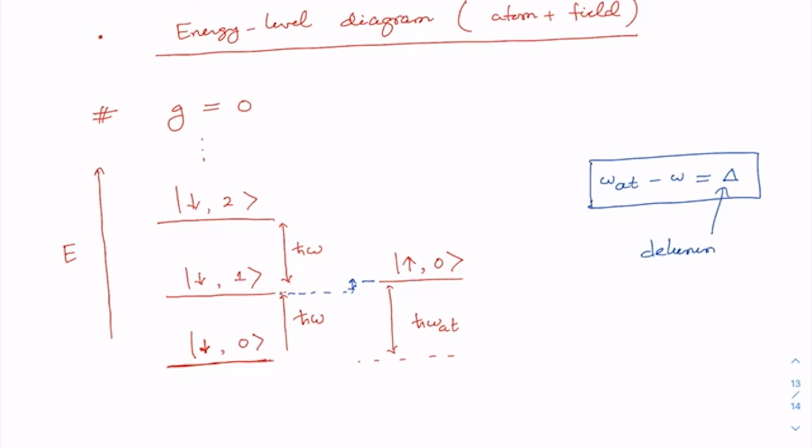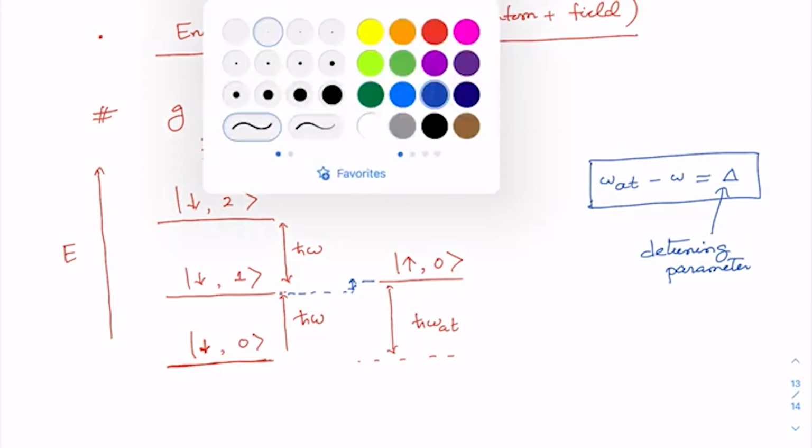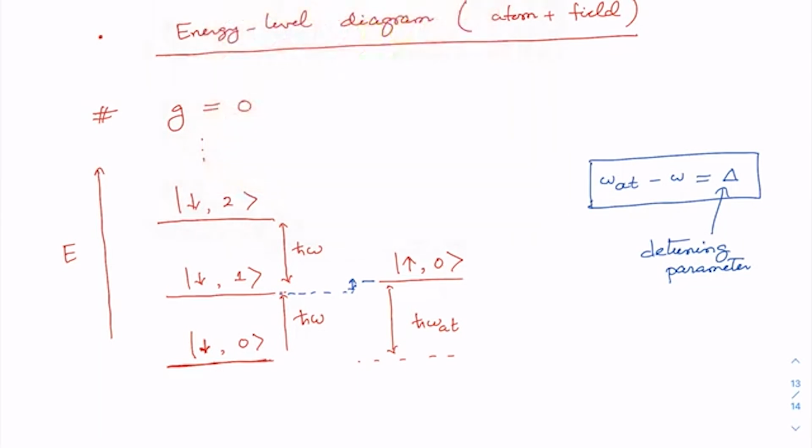When the system is in resonance, omega atom is equal to omega.